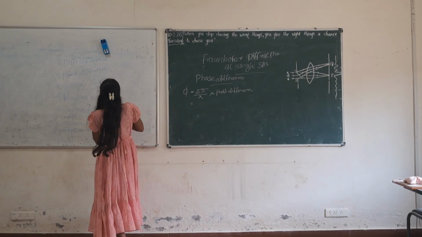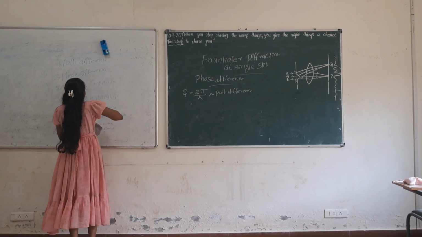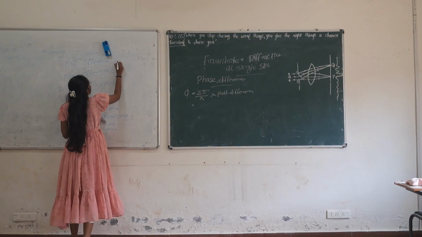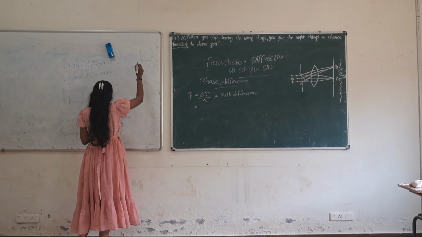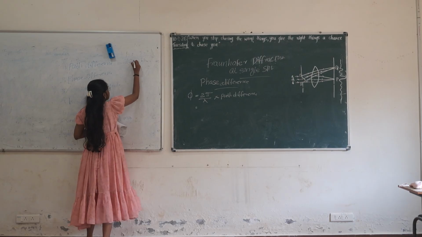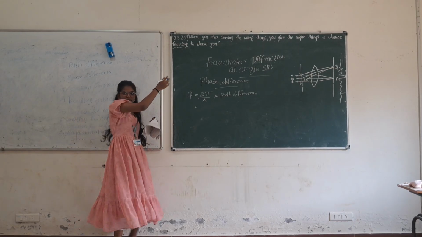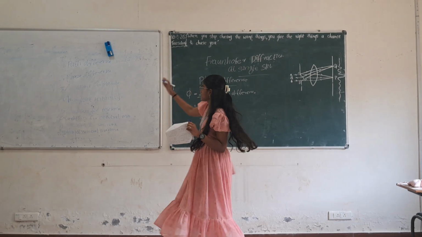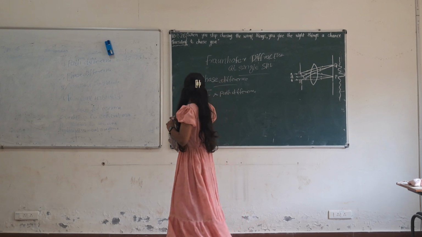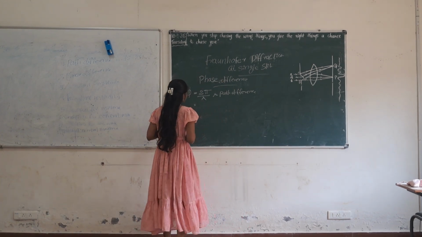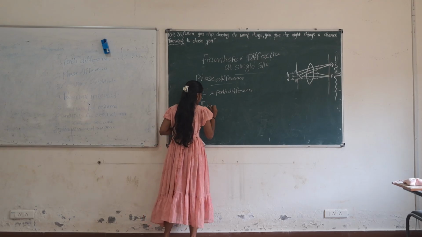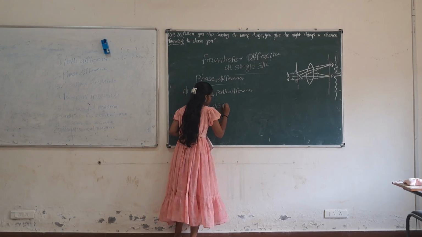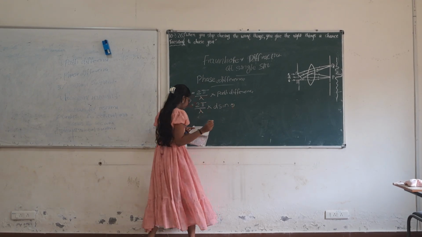Previously we found that path difference is equal to d sin theta. So substituting that, phi is equal to 2 pi by lambda into d sin theta.